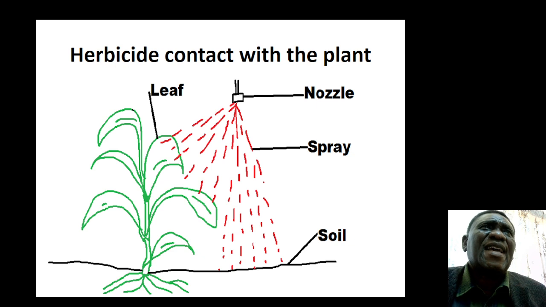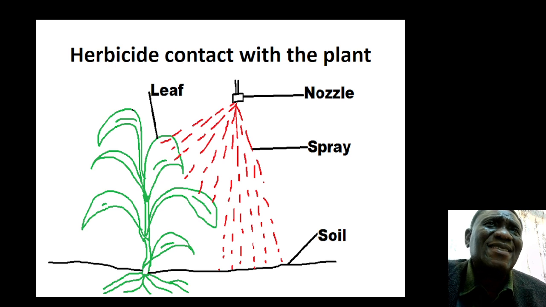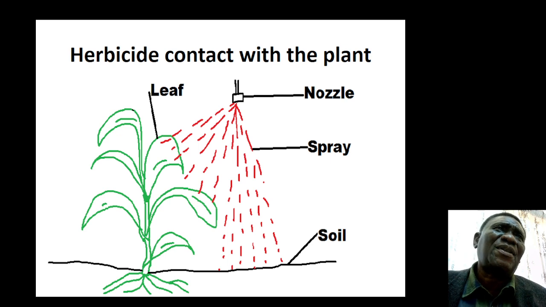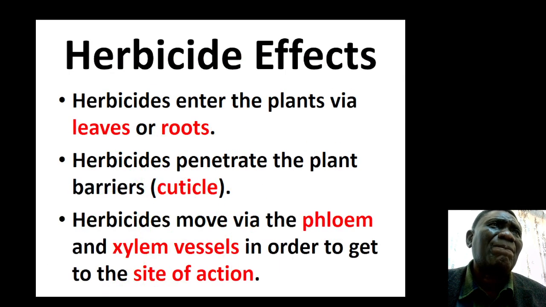So when the herbicide is applied, the plant can access the herbicide via the leaves or via the roots if it reaches the soil. So herbicide effects: the herbicides enter the plants via leaves or roots in order to produce an effect.